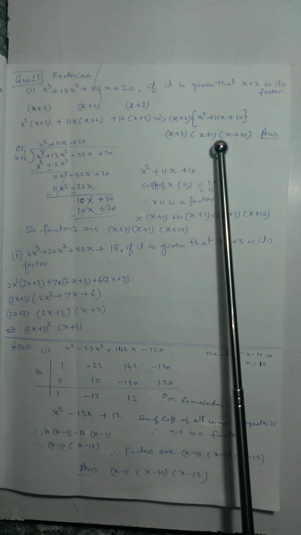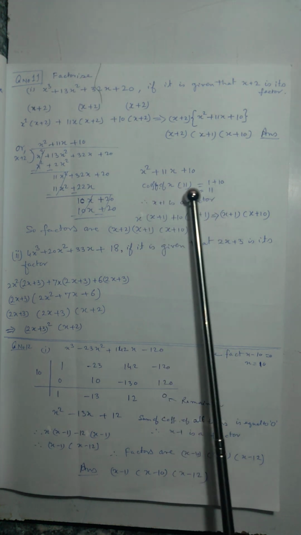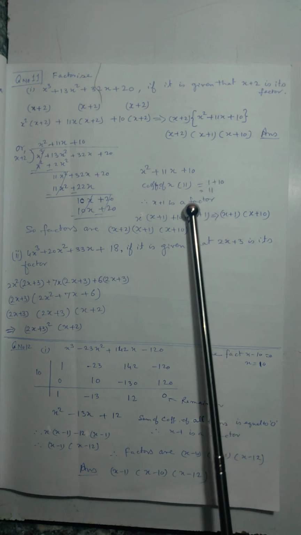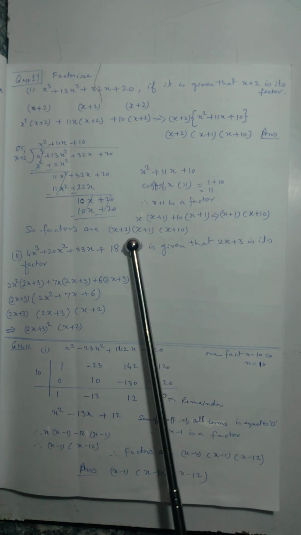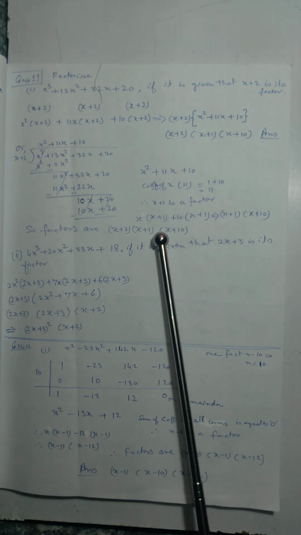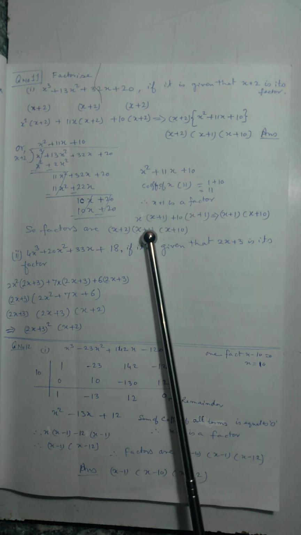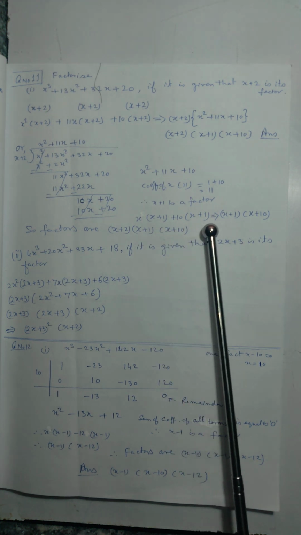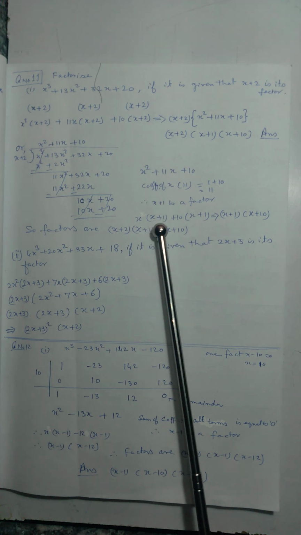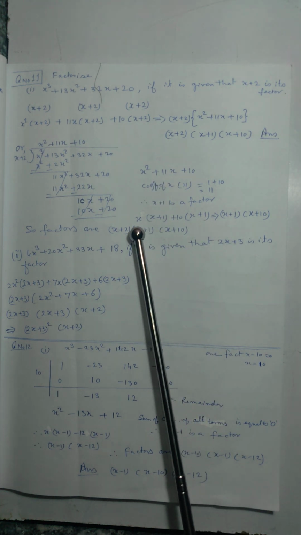You see here, x plus 1 is already a factor, and I have just elaborated it. So x plus 1 is a factor. Now, x into x plus 1, plus again x plus 1, two times. First of all, I have written x plus 1, x plus 1. In order to get x square, I have written here x.